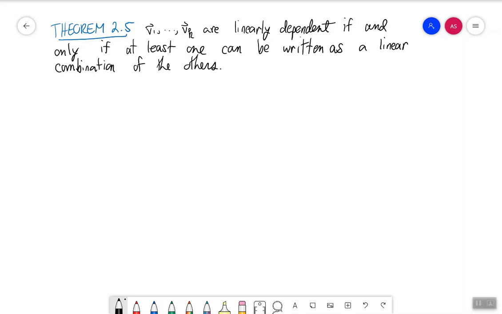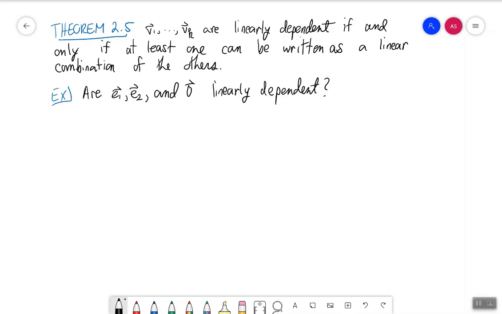If we have a set of vectors v1 through vk that are linearly dependent, that's the same as saying that at least one of them can be written as a linear combination of the others. Now, the book is going to prove this, and I encourage you to look through that proof because it'll give you a better understanding of what's going on. However, I'm not going to do so, and instead I'm going to go to an example.